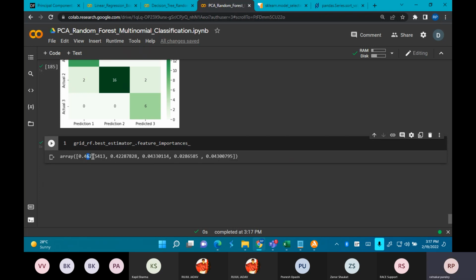So principal components 1 and 2 are the most important. 1, 2, 3, 4, 5. Same thing. So you can go with just the top 2 principal components and still get a good result. Not much difference.